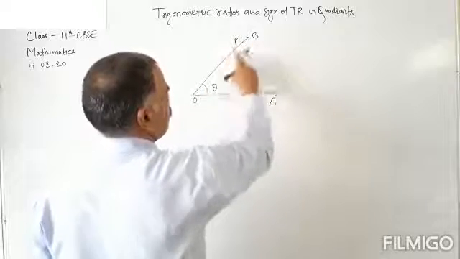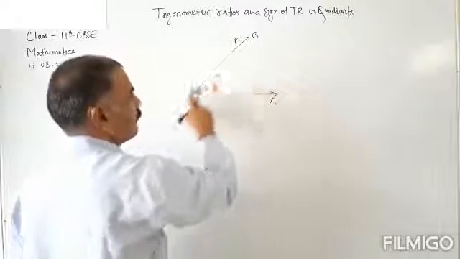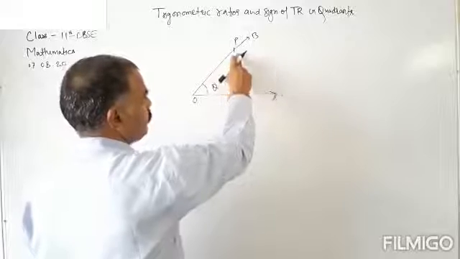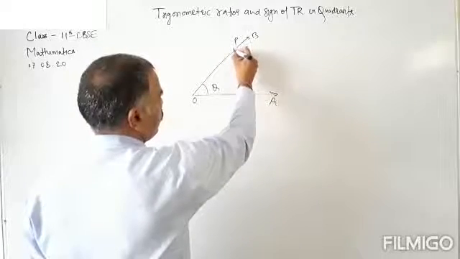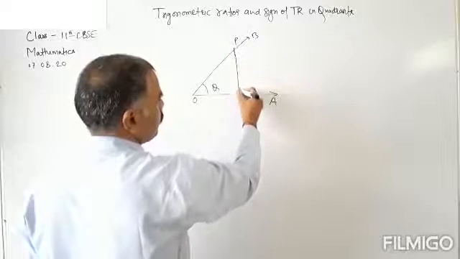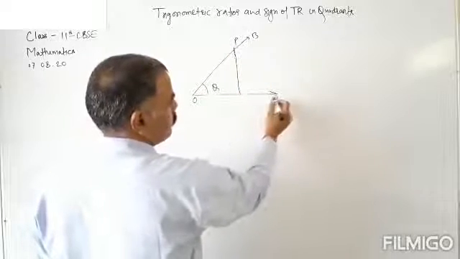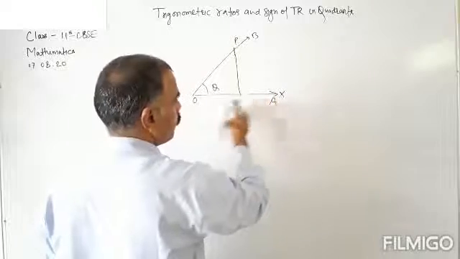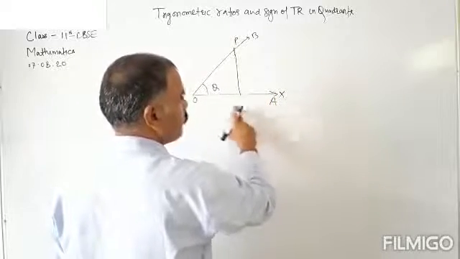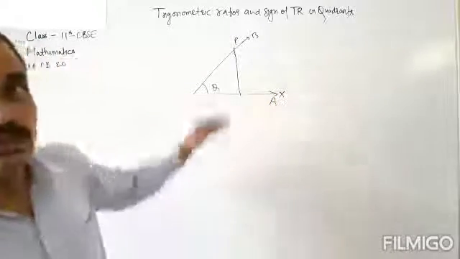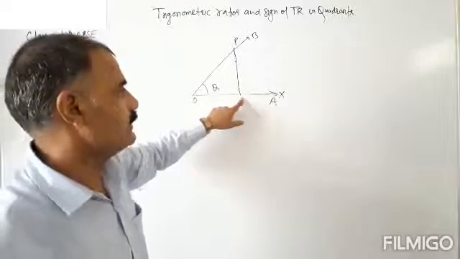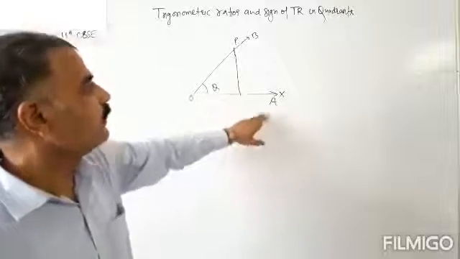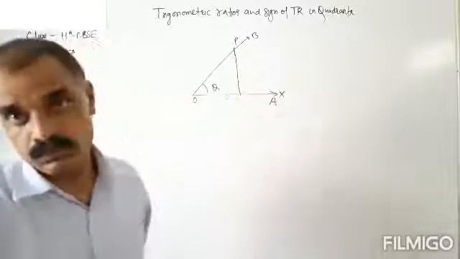This side is said to be the terminal side of the angle. So P is any point on the terminal side, and we draw a perpendicular from the point P on the positive x-axis, the initial ray OA.